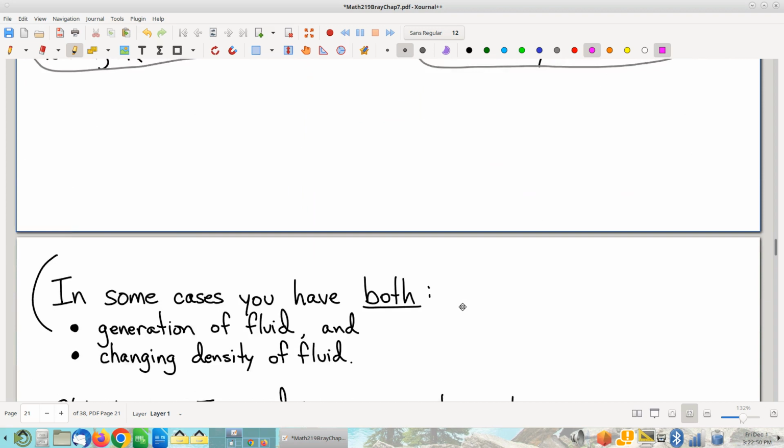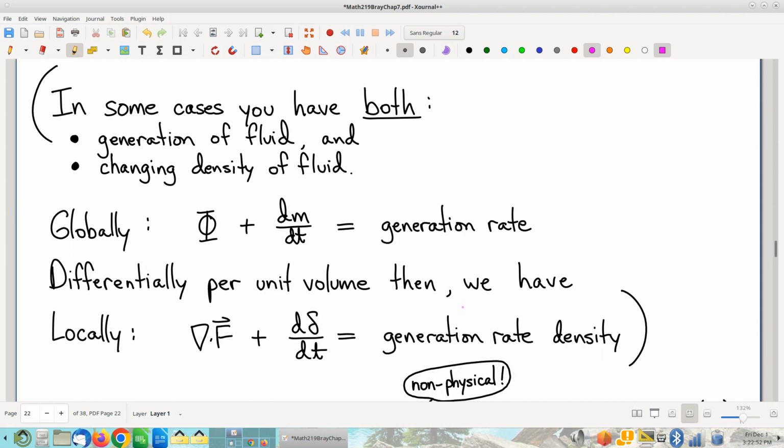Okay, so last comment I wanted to make, and this is really supplemental, so I'm going to be really quick about this. These two different types of fluid, the photon type of fluid is where the fluid is being generated. I mean, we're literally making photons when you have a light bulb. But the photon density isn't out there just changing with respect to time, right? How many photons there are in a given vicinity is always pretty much constant.